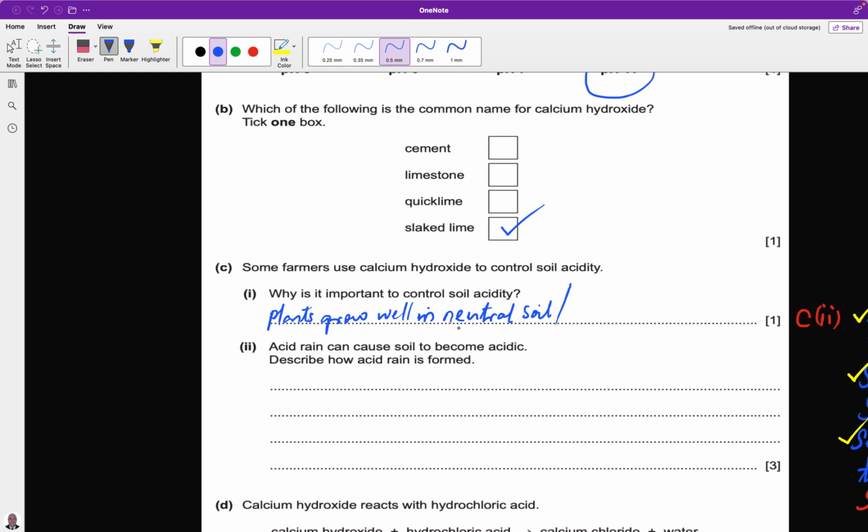Plants grow well in neutral soil, or plants will die in acidic soil. You can put it like that. Plants will die in acidic soil.